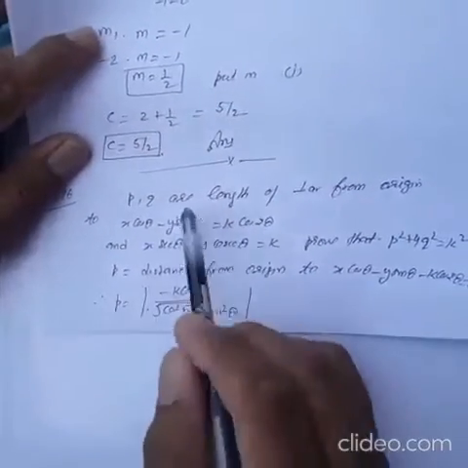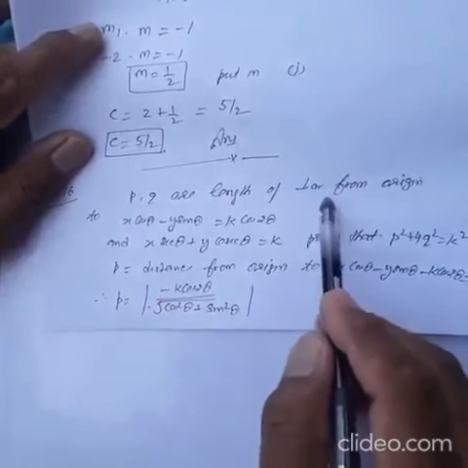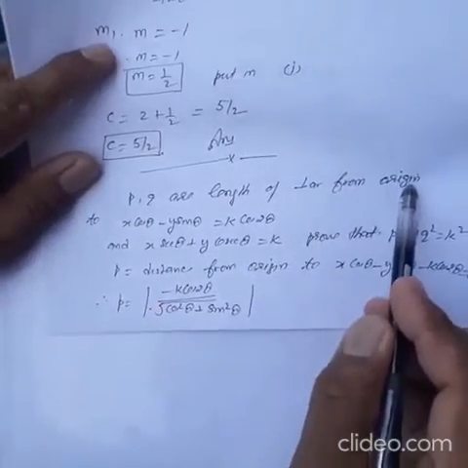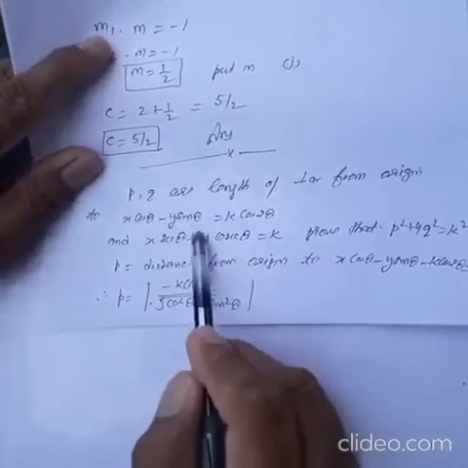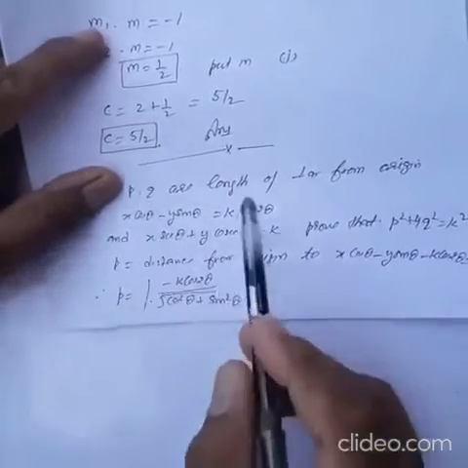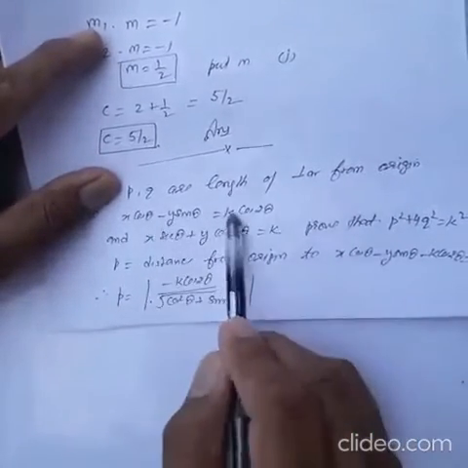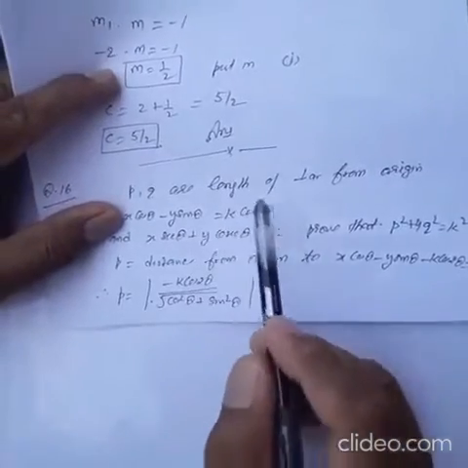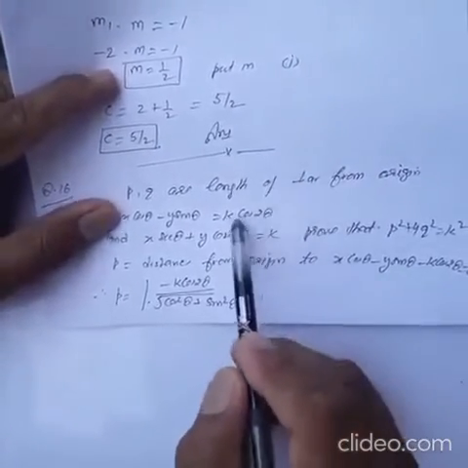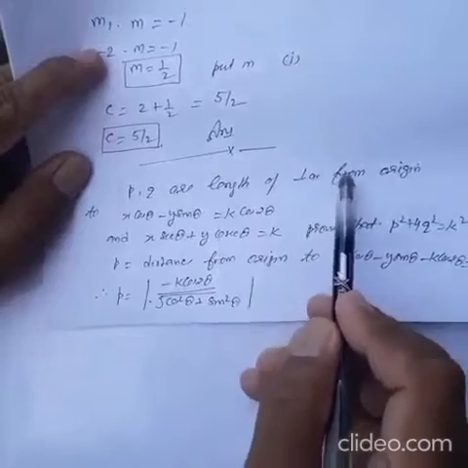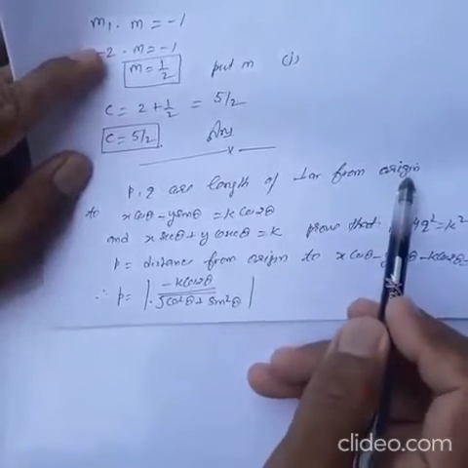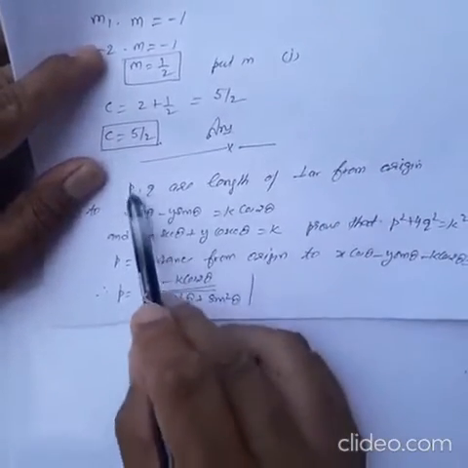Question number 16. p and q are the lengths of the perpendiculars from the origin to these two lines respectively. p is the distance of the perpendicular from the origin to this line, so we will use the distance between a point and a line method. The point is the origin, (0, 0), and p is the distance.